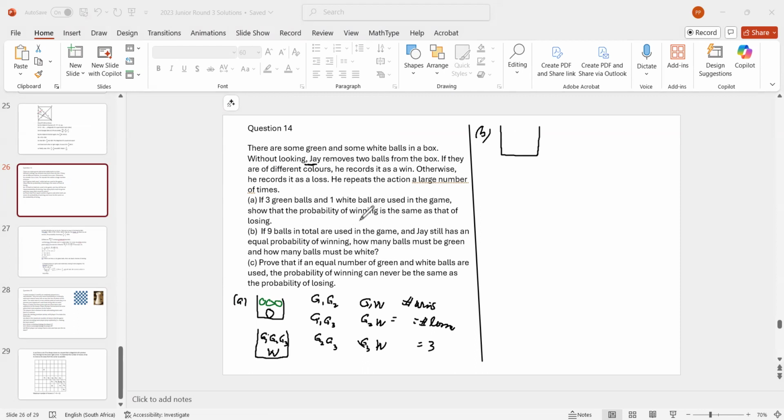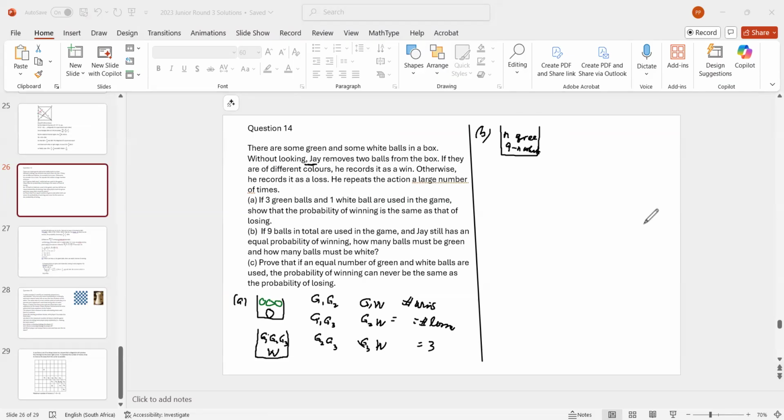The 9 are used in the game, but they don't tell you how many green and how many white. So suppose I say n green. And that will be 9 minus n white, because there are 9 balls altogether.